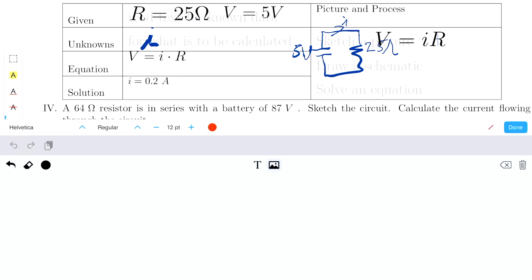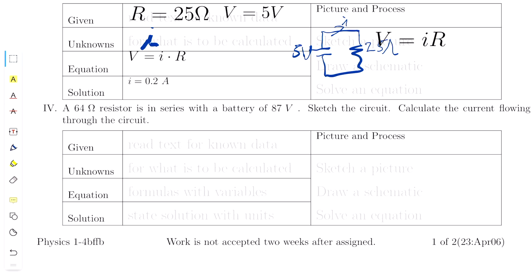In order to make the equation say I equals, we need to get rid of the variable that is next to the I. The variable next to the I is R. The operation between the I and the R is multiplication. Opposite of multiplication is division.